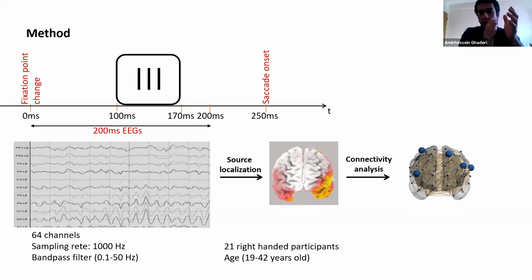It's not even yet the saccade execution. But maybe we can test the same methodology, EEG and graph theory analysis, and investigate the same measures to find a network that is involved in decision making.